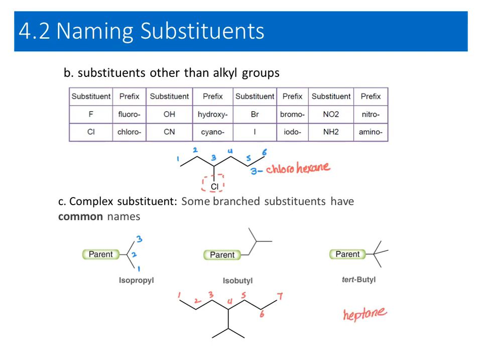And my substituent is the 3-carbon chain, which is attached from the second carbon. So this is isopropyl. As I said, we are going to learn about the numbering. So this is 4-isopropylheptane.